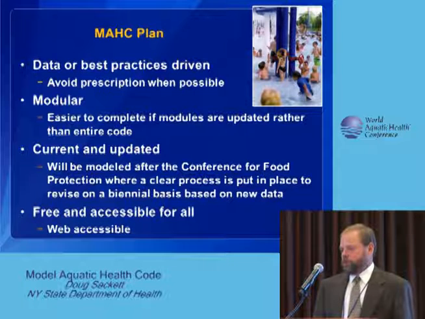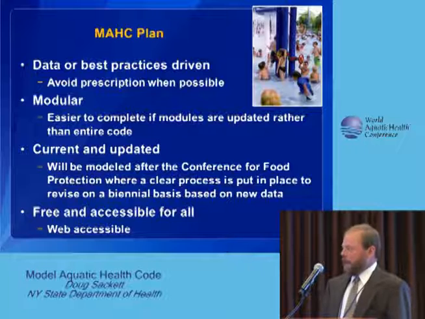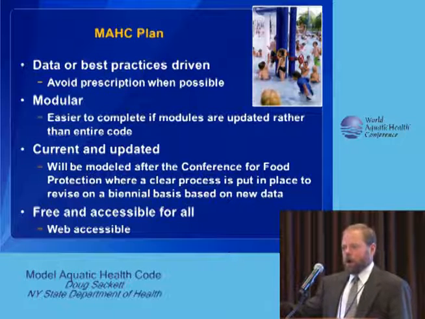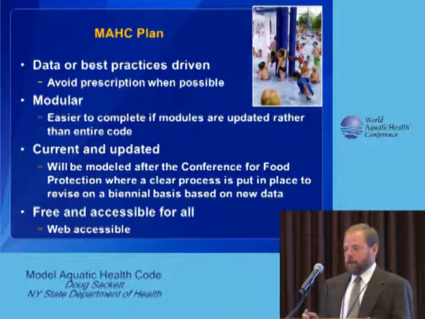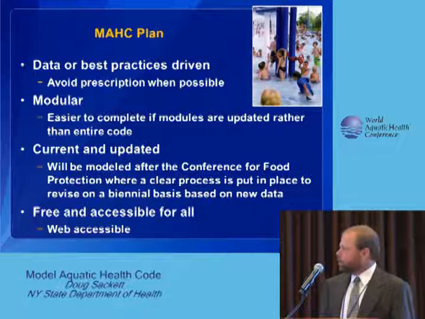That's where we have to really understand what we're trying to accomplish by a particular section. You have to have a good, clear understanding. Is it health-based, injury, illness prevention? Then define the outcome and leave it open for technology and different approaches to get to that same endpoint. So we're really trying hard, to the extent possible, to avoid prescription and be performance-based.